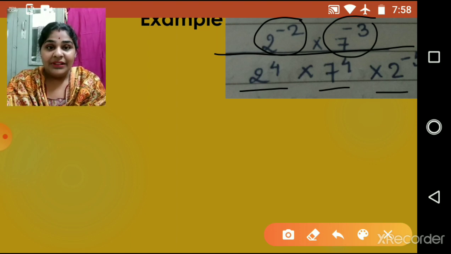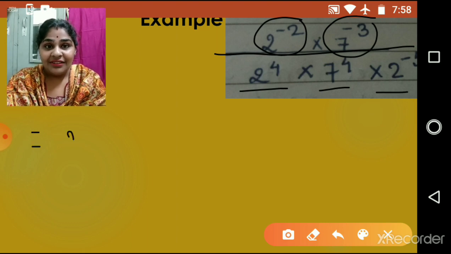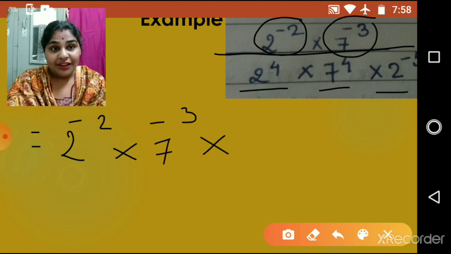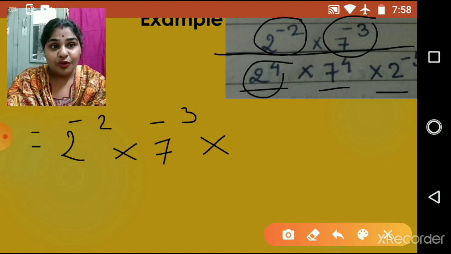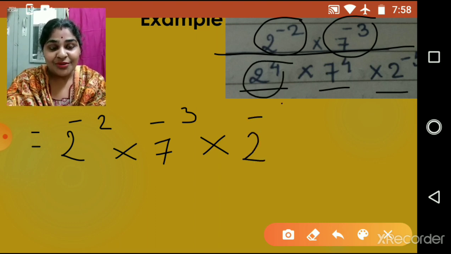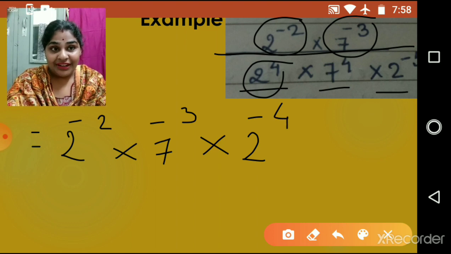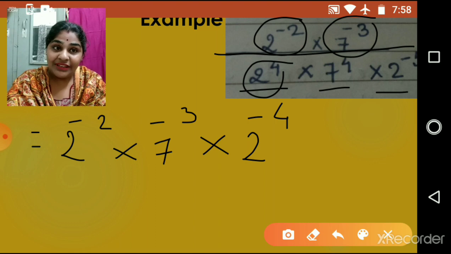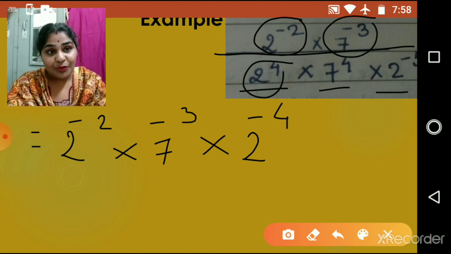For example, I can write this as 2 raised to negative 2 multiplied by 7 raised to negative 3 multiplied by, now when this 2 raised to 4 comes into the numerator, it becomes 2 raised to negative 4, right? The exponent sign is changed from positive to negative using the law of exponents, children.